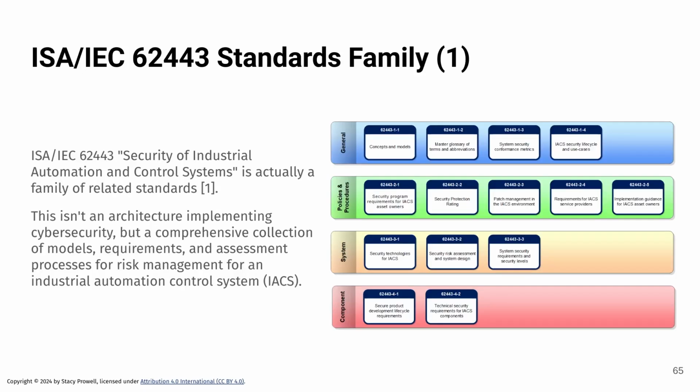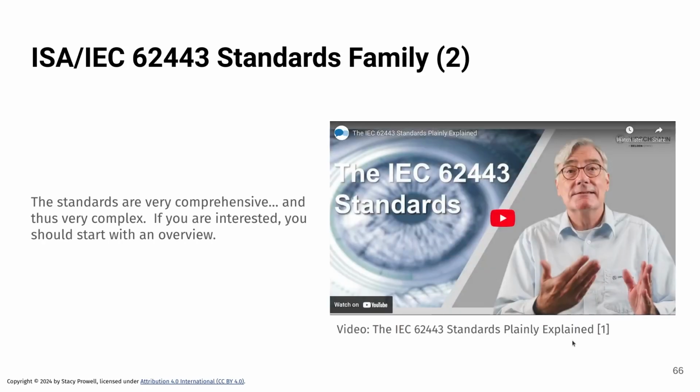If you were paying attention to the last slide, each one of these little guys here is a standard, and this is kind of a simplified view. There's a lot going on here. And that's because they're comprehensive, and the overall set of standards can be a little bit intimidating and complex.